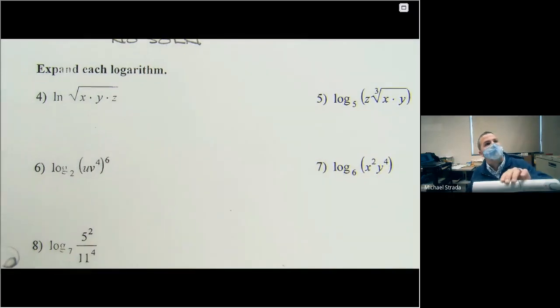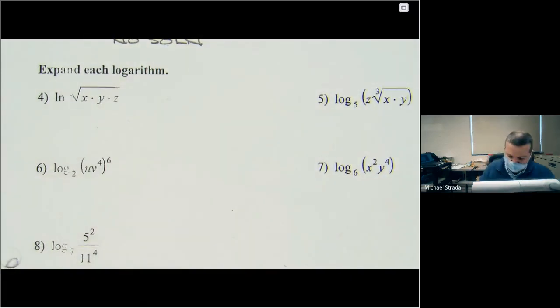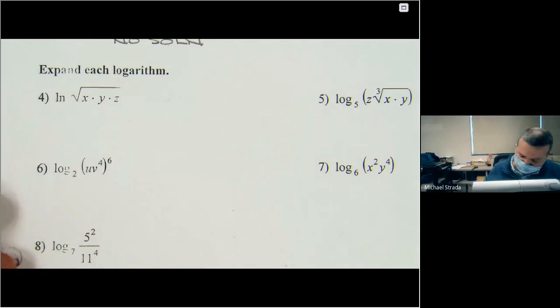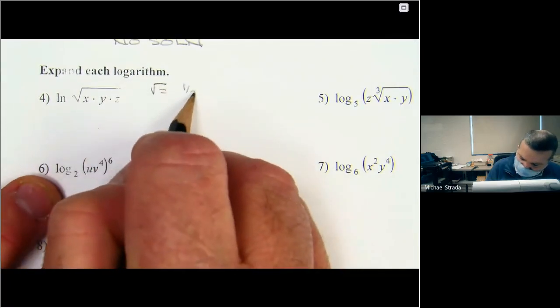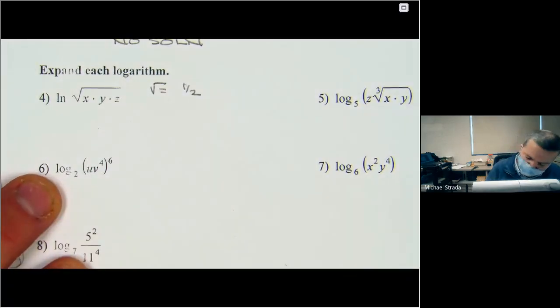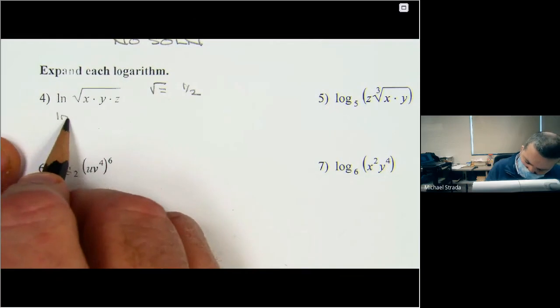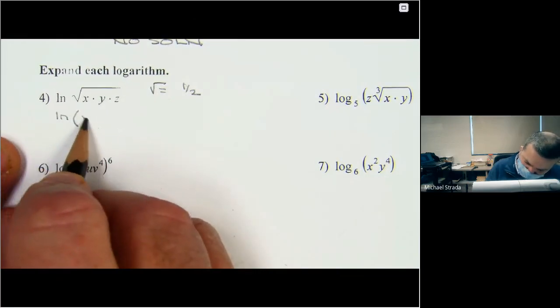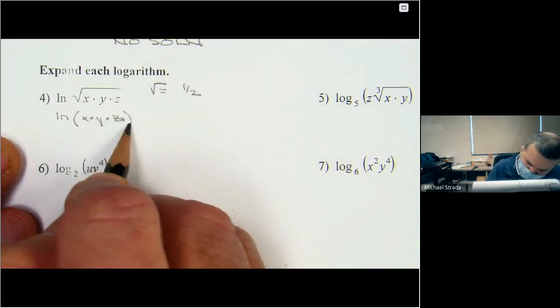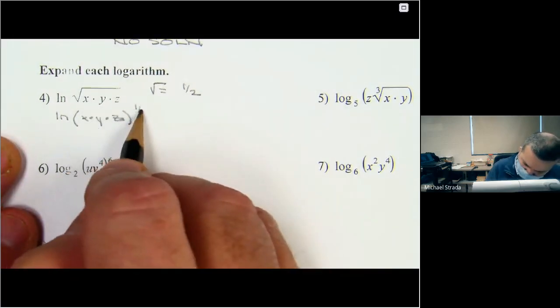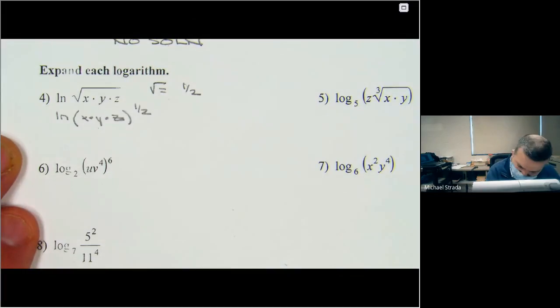So the natural log of the square root of x times y times z. Idea number 1, a square root is equivalent to 1/2 as an exponent. So the first thing, either in your head or on paper, is this becomes the natural log of x times y times z to the 1/2.